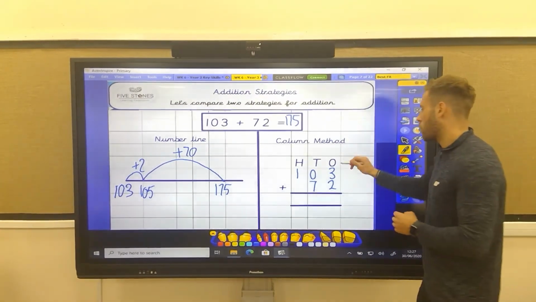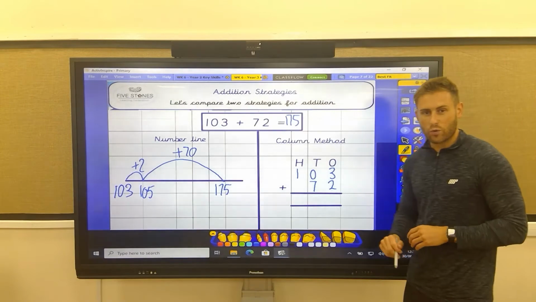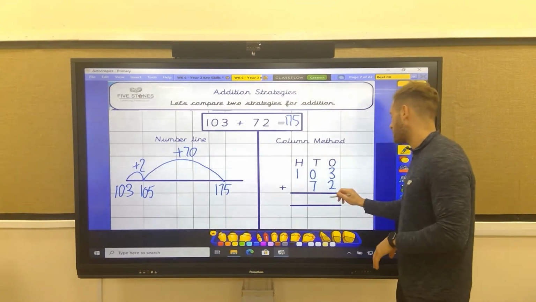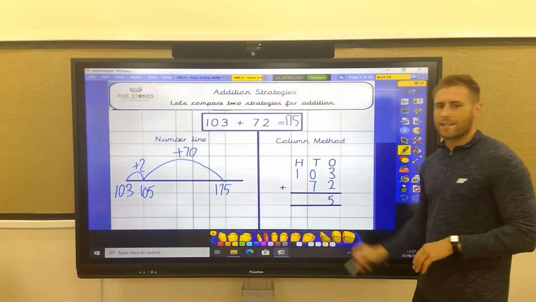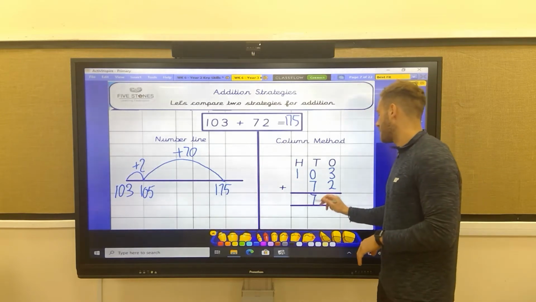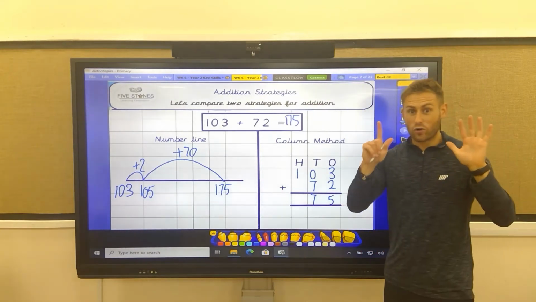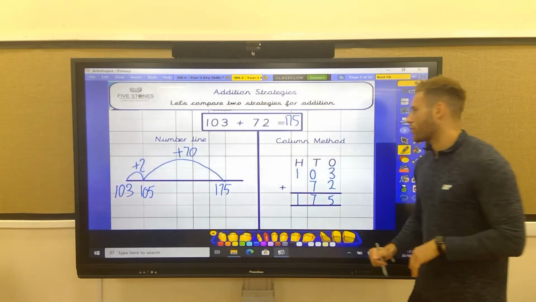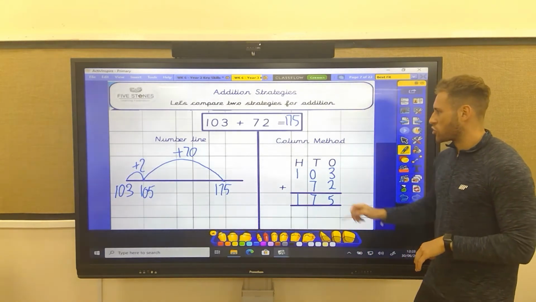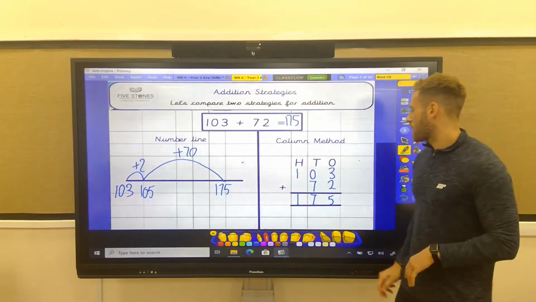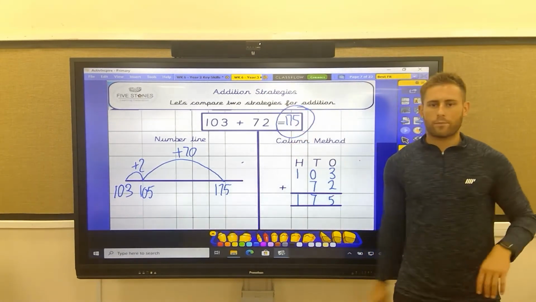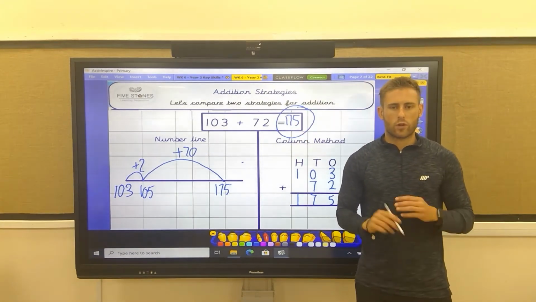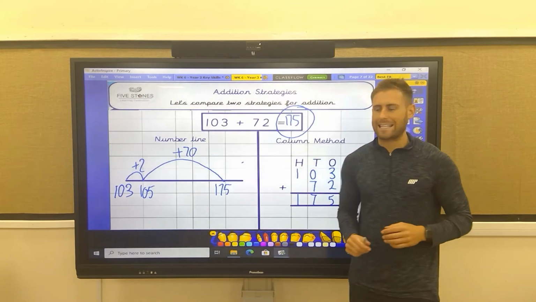We start with our ones. 3 ones and 2 ones is 5 ones. 0 tens and 7 tens is 7 tens. 7 add 0, yes, it's still 7. And then 1 add blank is 175. So 2 different strategies there, but we end up with the same result. Okay, so our total, our sum is exactly the same.